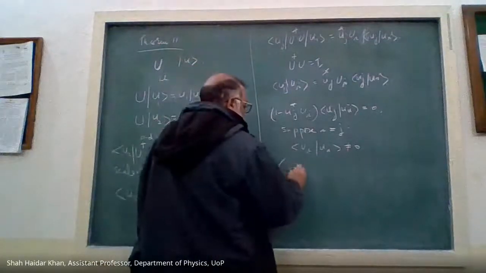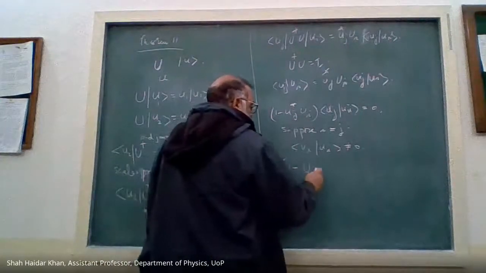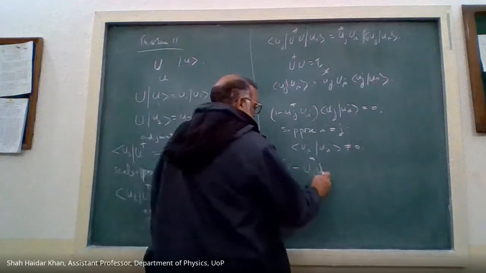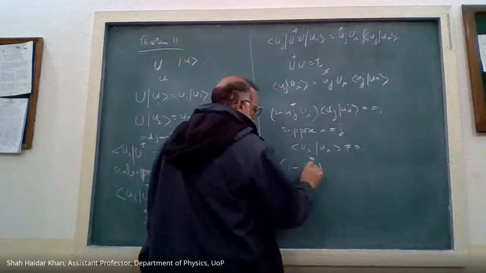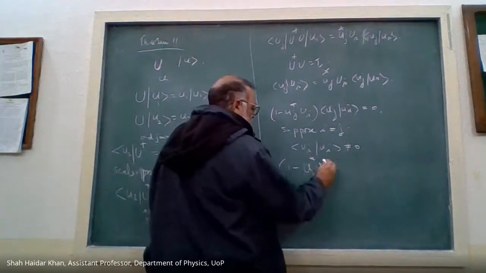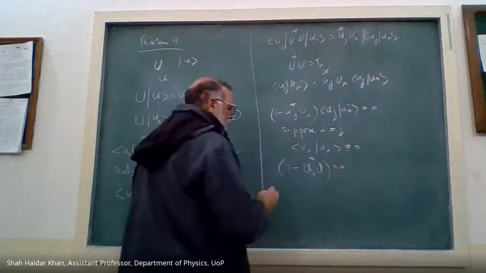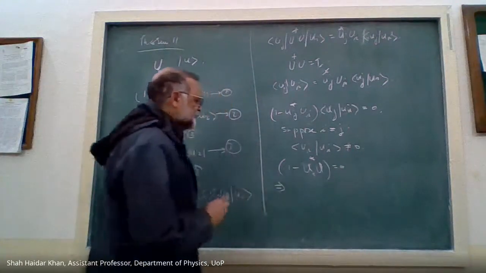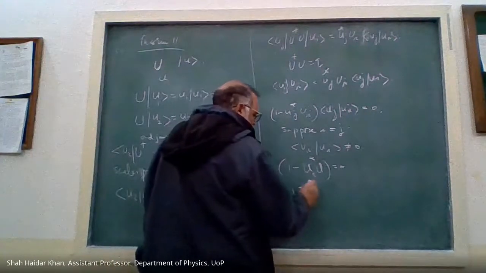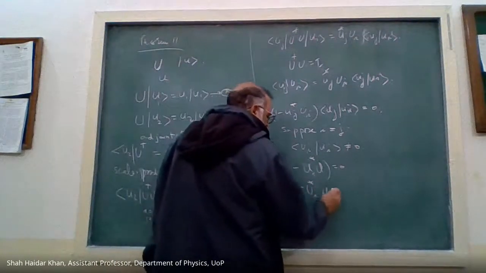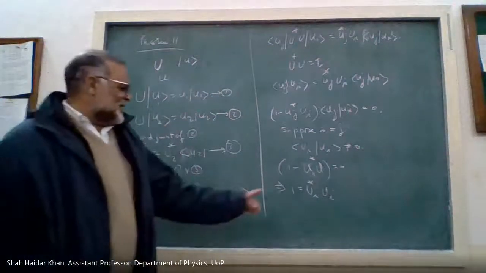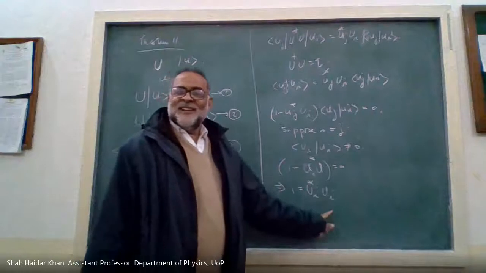When that is not equal to 0, then the only choice is that this is zero. So 1 minus u_i star u_i, remember I am replacing j by i, and these are the small u. These are the eigenvalues, not the operators. This means that 1 is equal to u_i star times u_i.